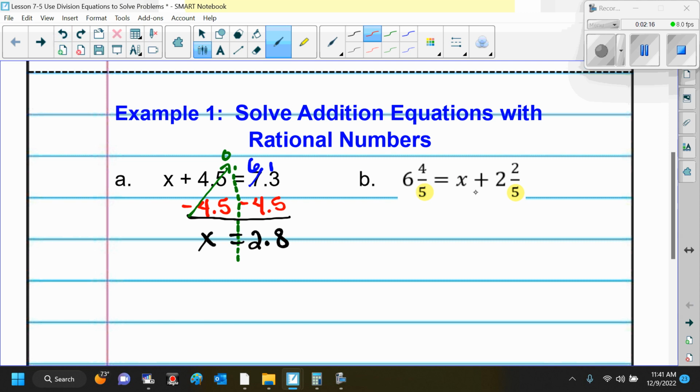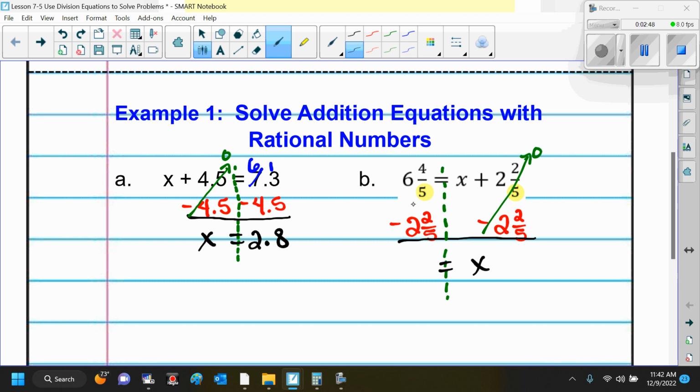So because this is an addition, we're going to subtract 2 2/5. So minus 2 2/5 on both sides. Okay, so here's the center point of our equation. This 2 2/5 and a negative 2 2/5, that's a number plus its opposite, that's equal to 0. X plus 0 is x.